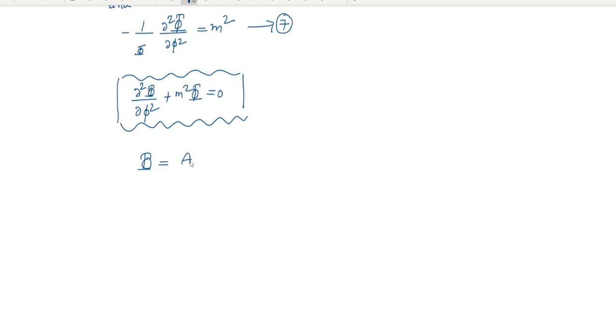A similar solution we need to use here. So the wave function in terms of pi: pi constant, exponential i, and m is there, and the function is pi. Okay.